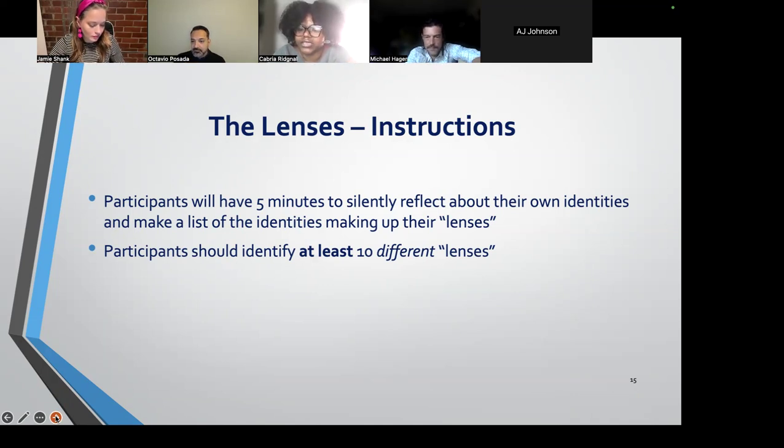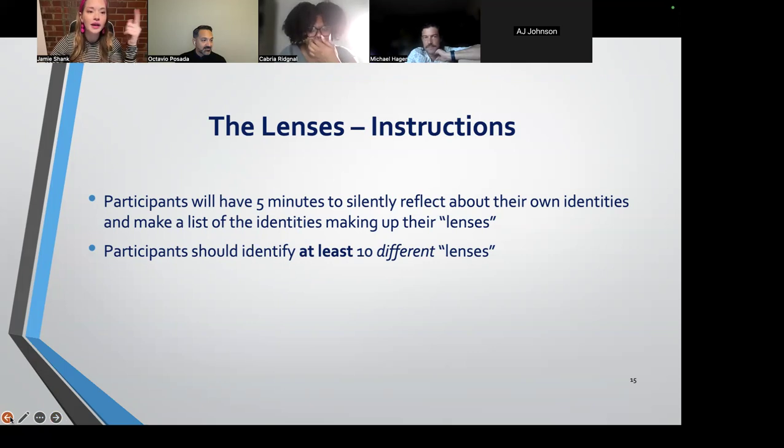We want you to make a list of at least 10, since that will foster some really good conversation. You can use the example from the previous slide, and use this time to identify things that shape your viewpoint.